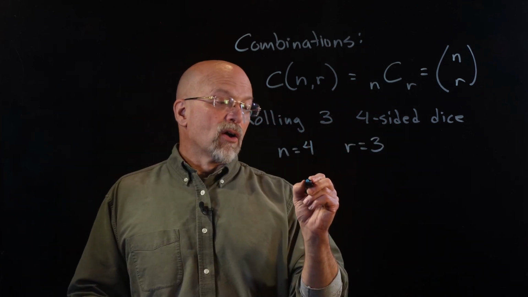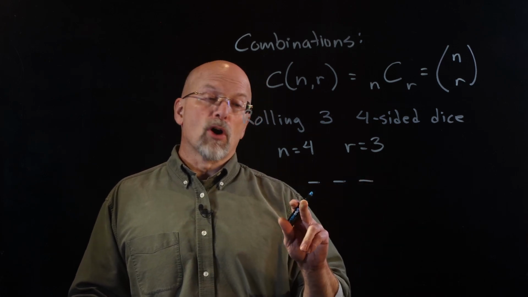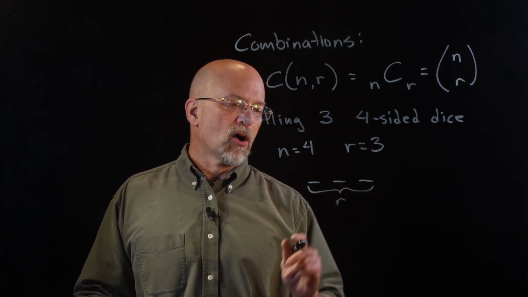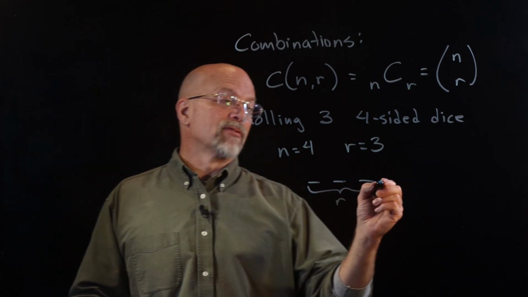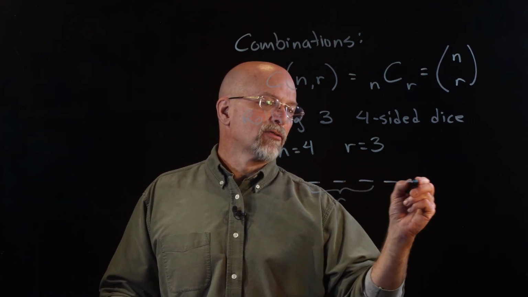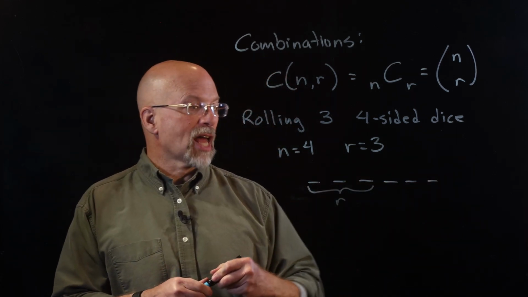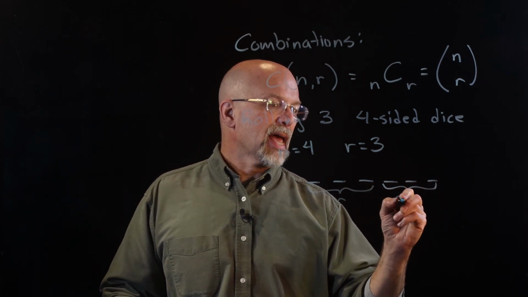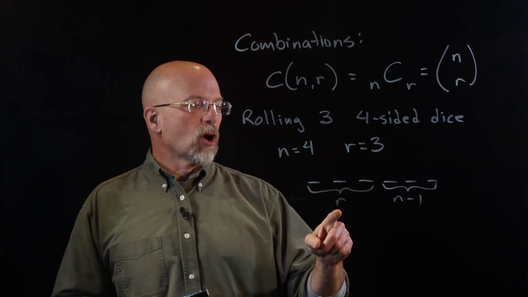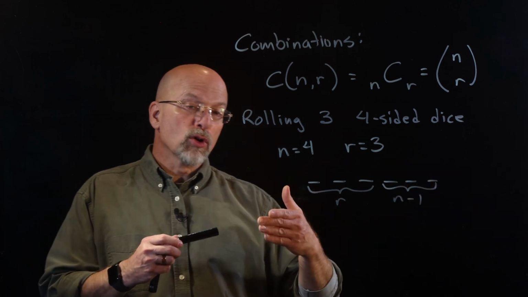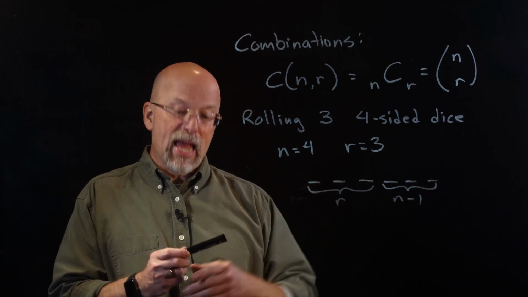So what I've got are the 3 slots for r, right? There's my r. And then I also have to have the slots for my dividers. Remember, the number of dividers that I've got is equal to n minus 1. That gives me r plus n minus 1, total number of places that I can put 3 elements.